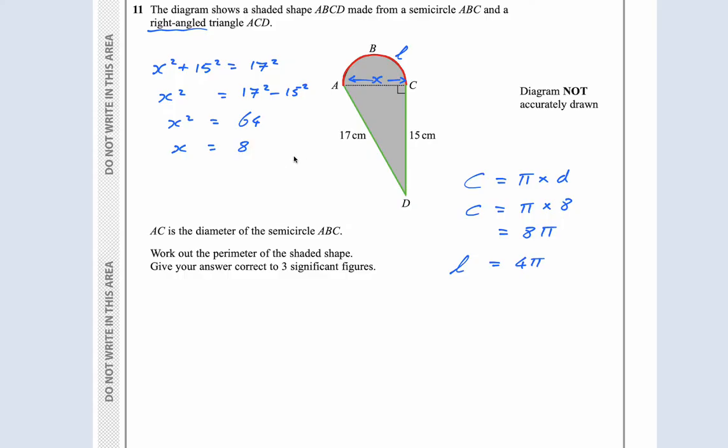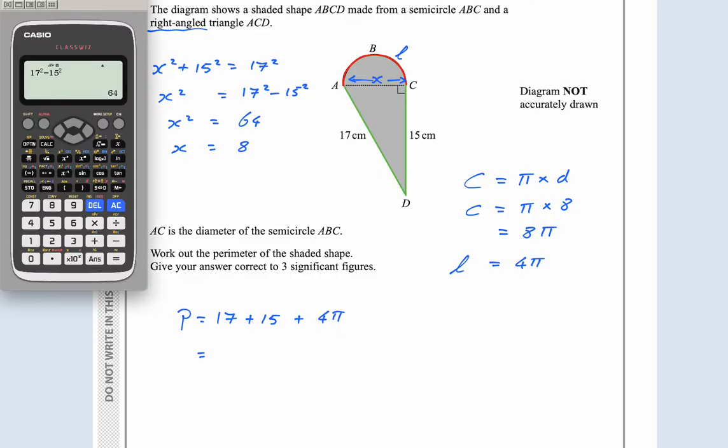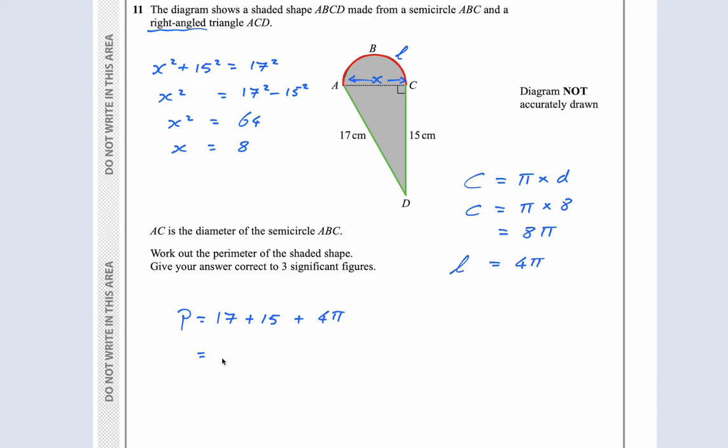Now I can get my perimeter. The perimeter, let's call it P, is equal to 17 plus 15, this plus this, plus L, which is 4 pi. Now I'm well aware he wants 3 significant figures, so at this point I go 17 plus 15 plus 4 pi, the pi button is down there, equals 44.566.